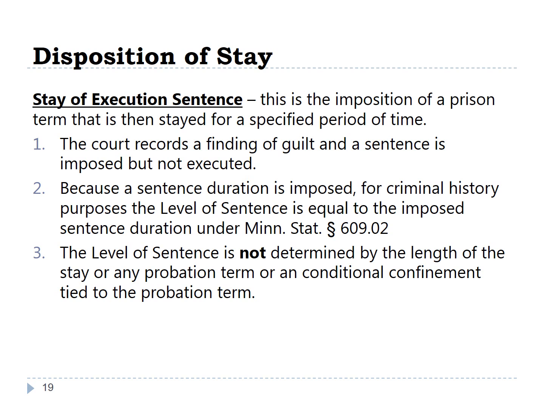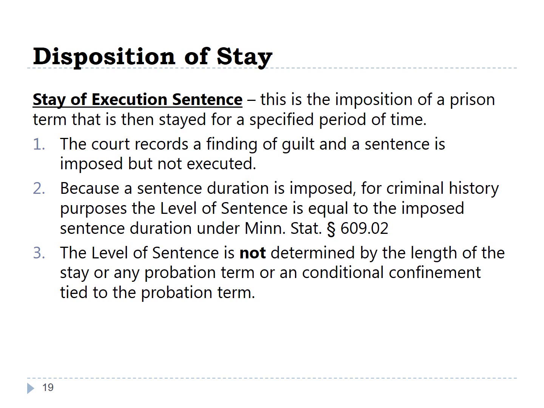A major component of this sentence, aside from the imposed duration under 609.02, is that there is a recording of a finding of guilt by the court, which means there is a conviction.